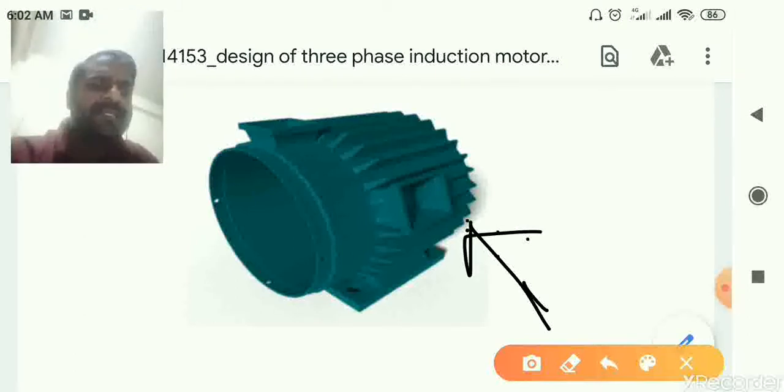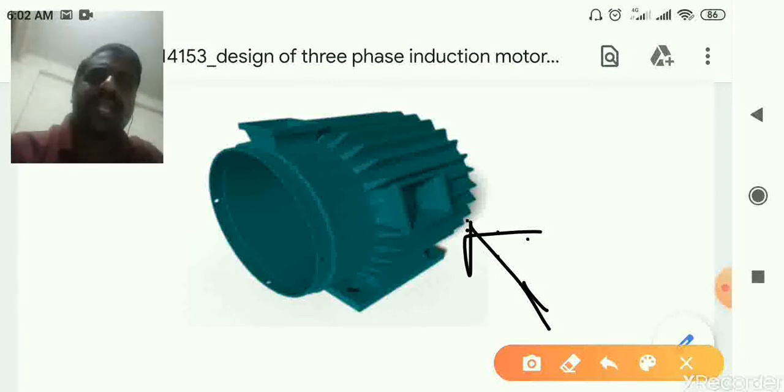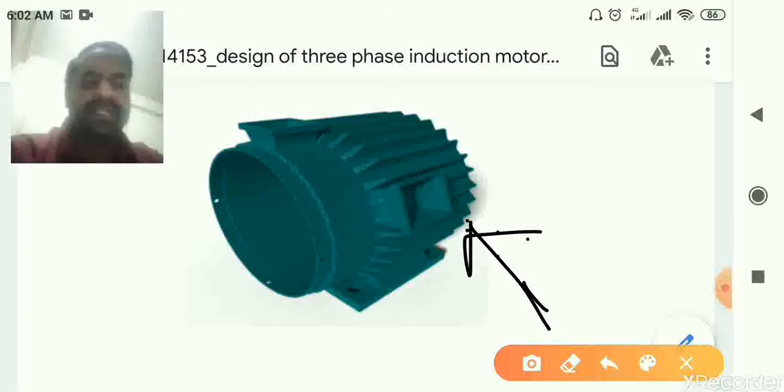And its main function is to support the stator core and the field winding, and also it acts as a protecting cover and gives the mechanical strength to all inner parts assembled on it.